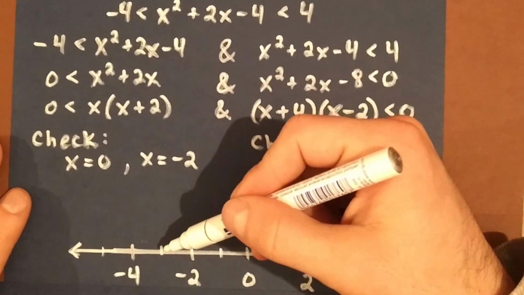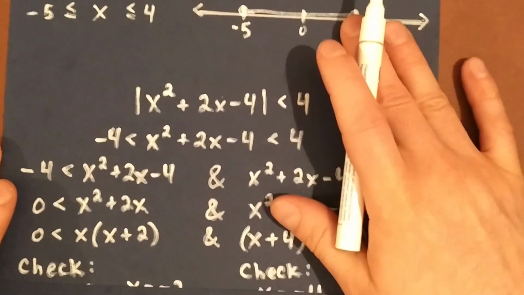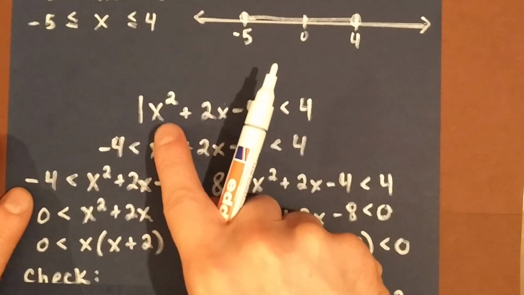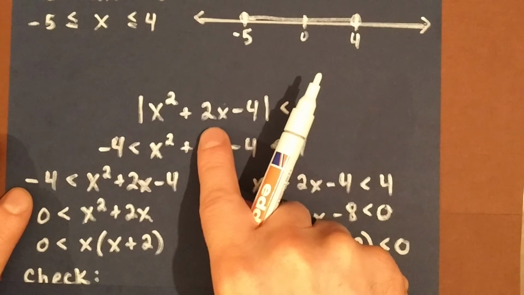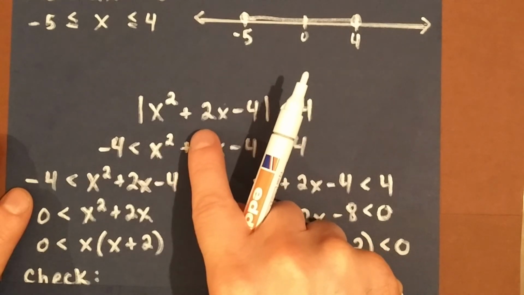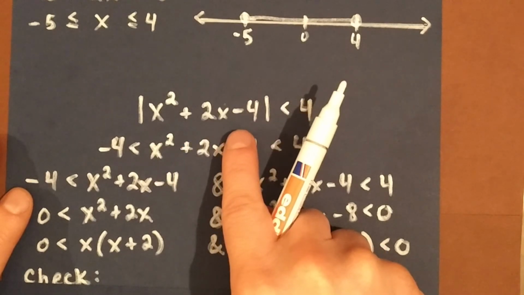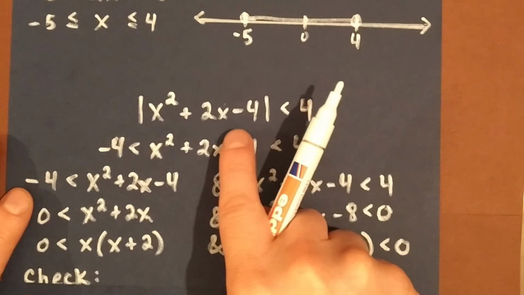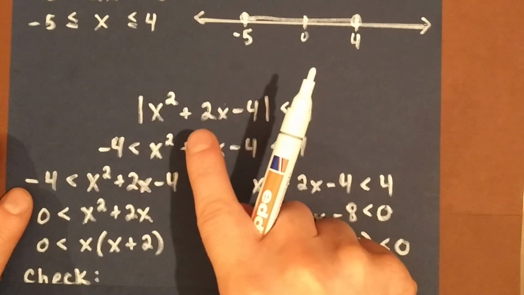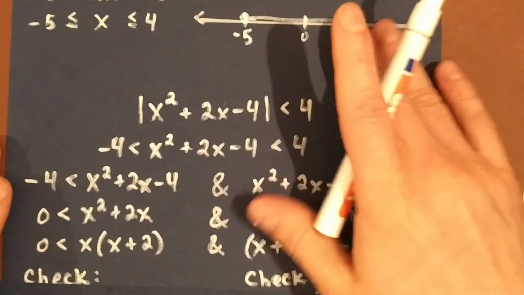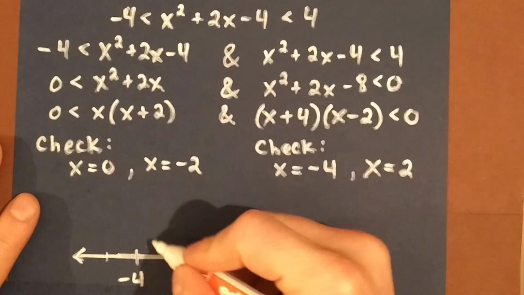Next, we'll check -3. -3 squared is 9, and -6, 9 minus 6 is 3, minus 4, -1. Absolute value of -1 is 1, and 1 is less than 4, so that's true, so that works.